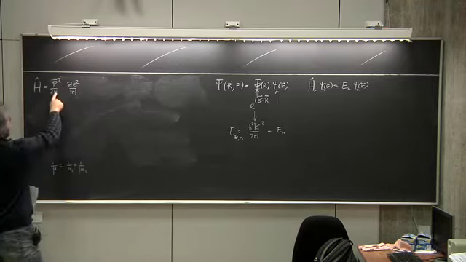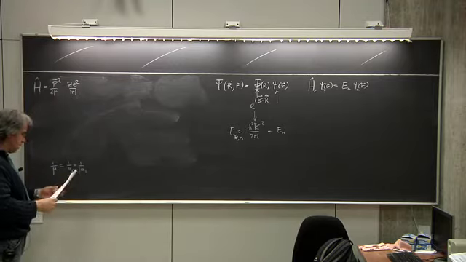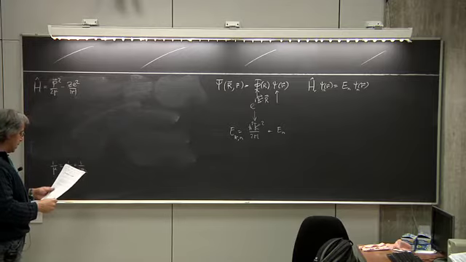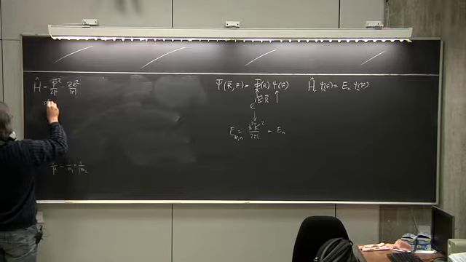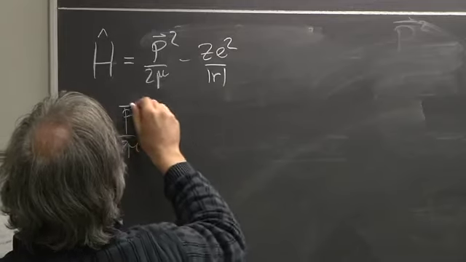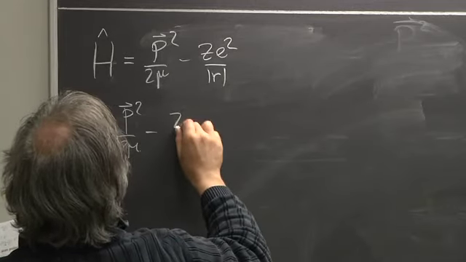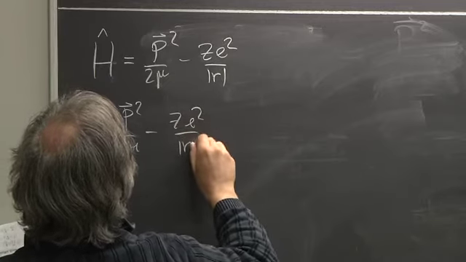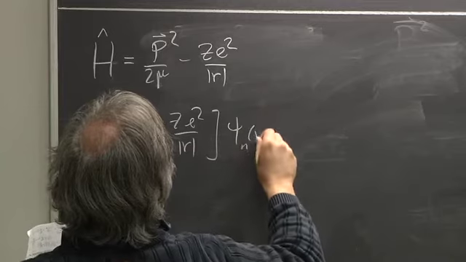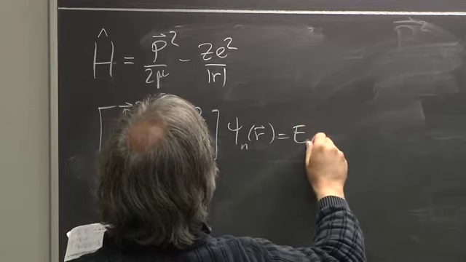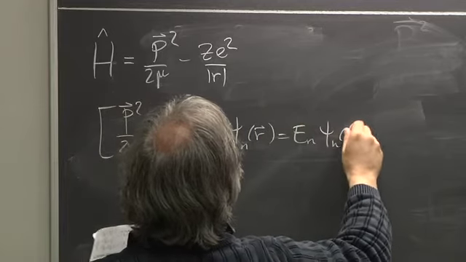And also try to verify that you have to use this there, otherwise you don't get the initial Hamiltonian. So the problem I have to solve in principle is the following: p squared over twice the mass minus Z e squared over r times some psi_n(r) equal to E_n psi_n(r).